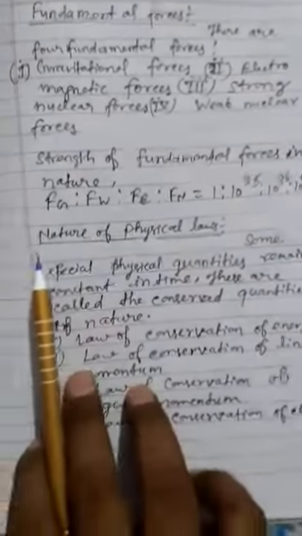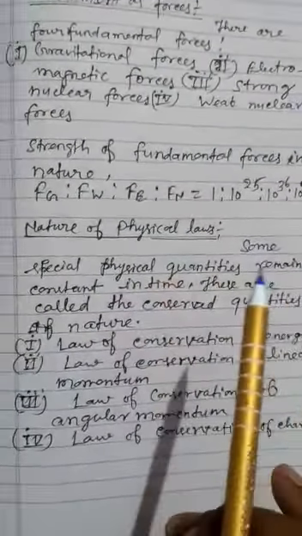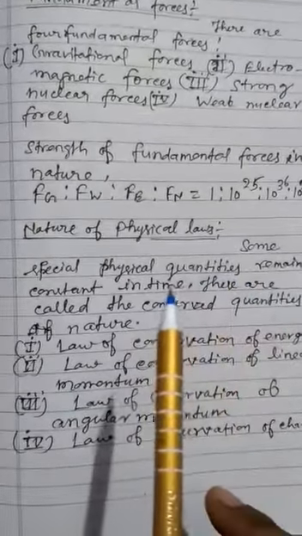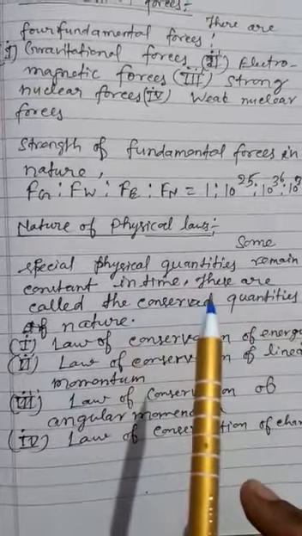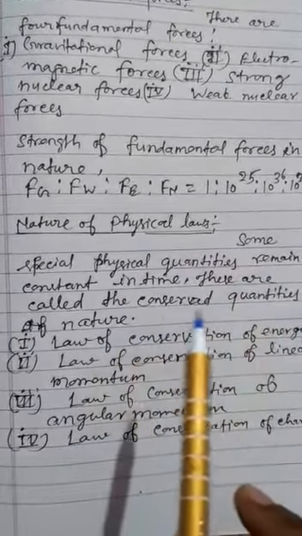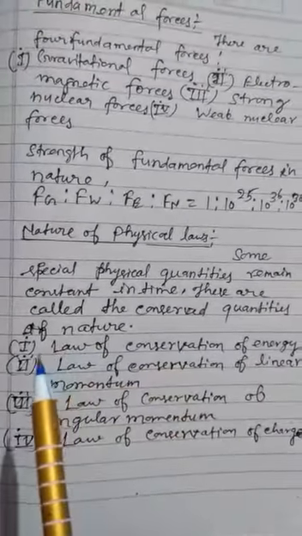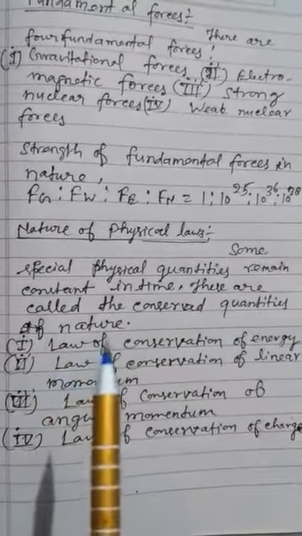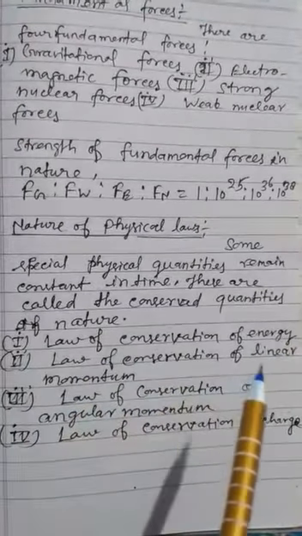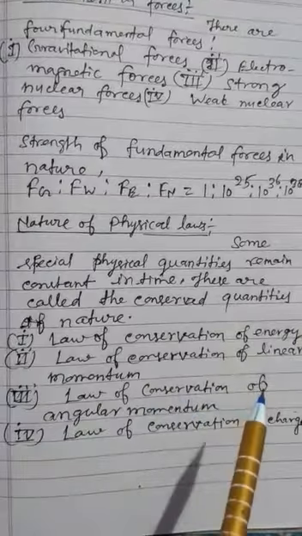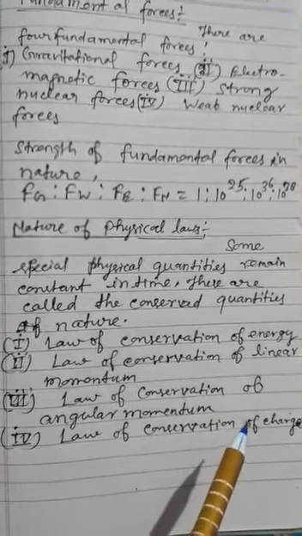And now the last topic is nature of physical laws. Some special physical quantities remain constant in time. These are called the conserved quantities of nature, in which the first is law of conservation of energy, then law of conservation of linear momentum, law of conservation of angular momentum, and fourth is law of conservation of charge.